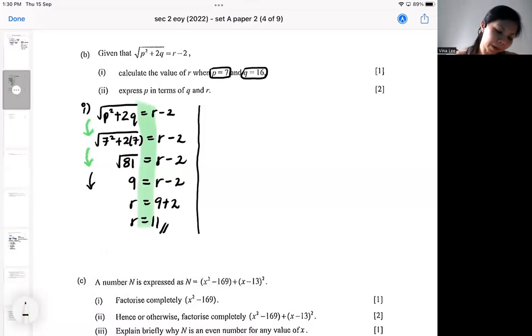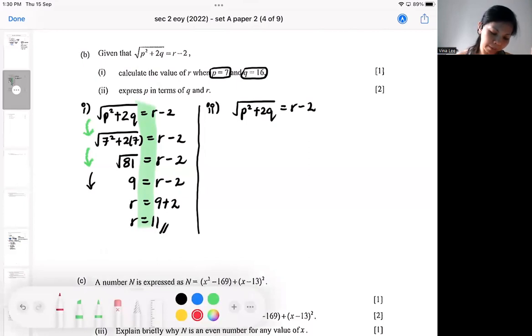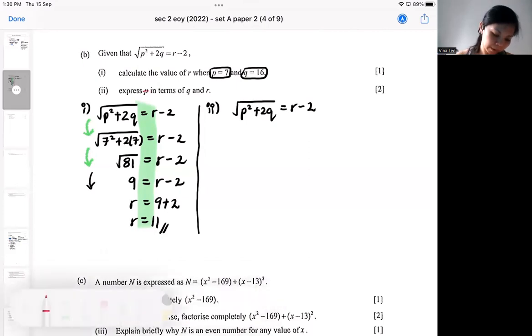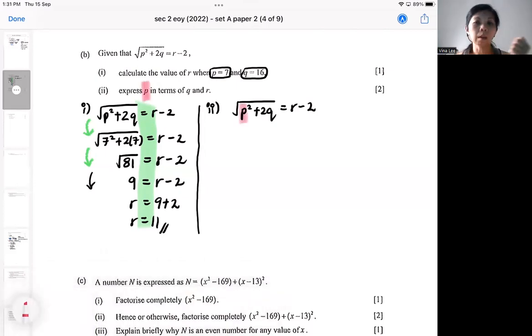For the second part, you are supposed to make P the subject. So you need to locate your subject first. My subject is P. That means I need to isolate P. I need to get P out of the big square root.